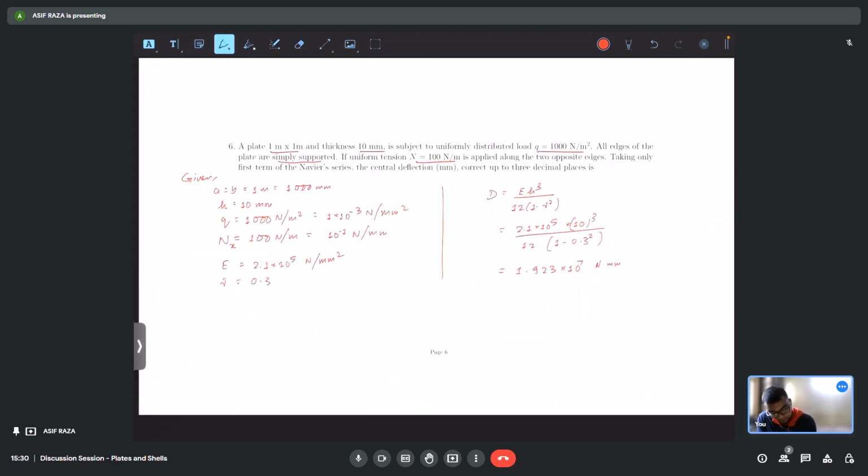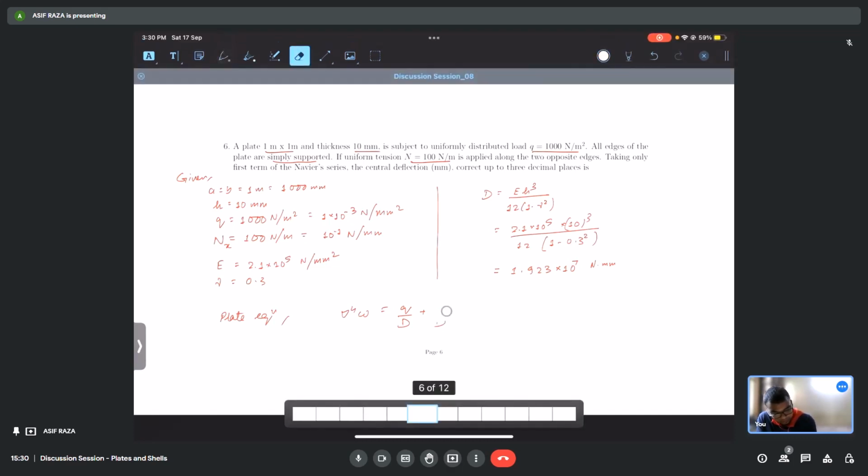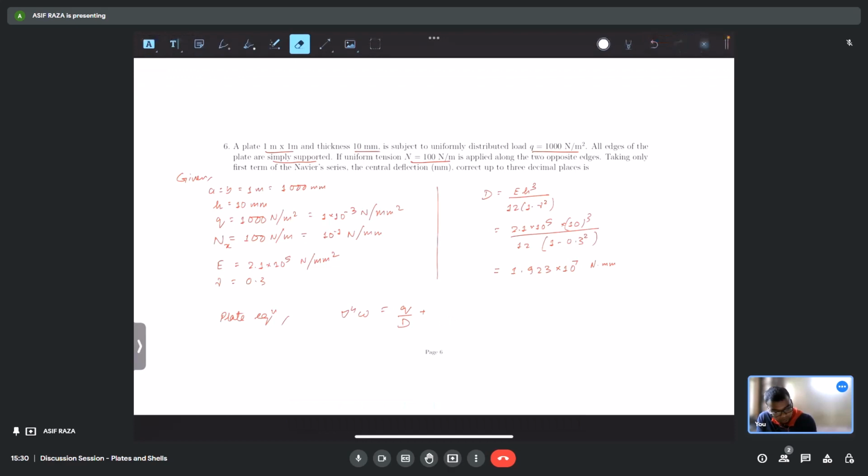We have the plate equation as del to the power 4 w plus, equal to q by D plus P by D, where P is equal to Nx del square w by del x square.